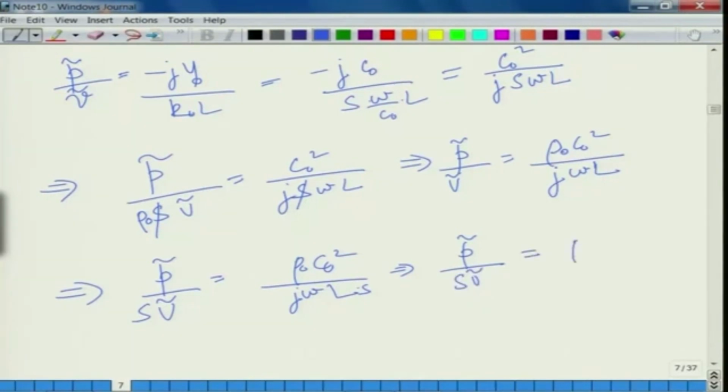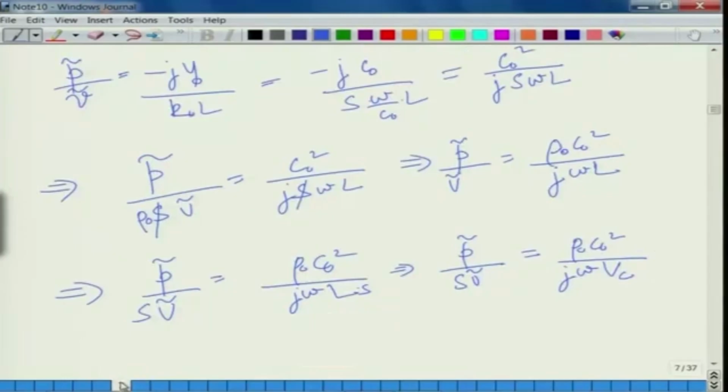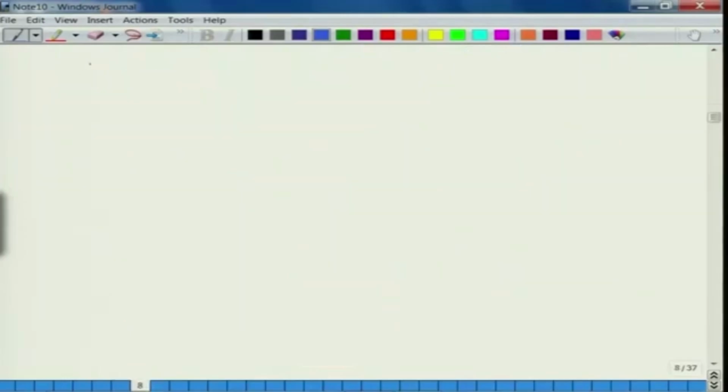So, this will become rho naught C naught square by j omega V c, where V c is the volume of the cavity. V c is nothing but S into L, assuming the area is uniform. So, what we essentially get is the acoustic pressure by your volume velocity, that is your u times S, equal to rho naught C naught square by j omega V c.